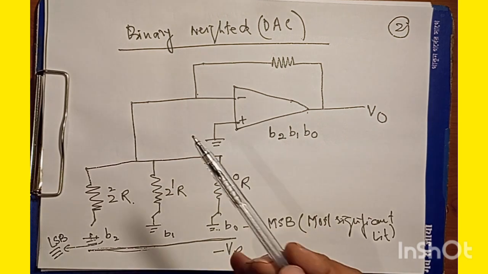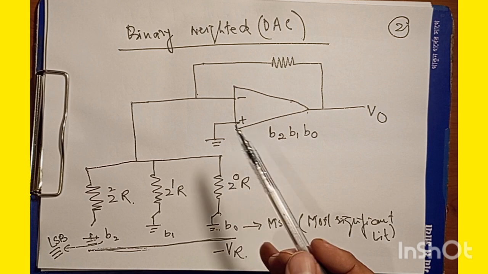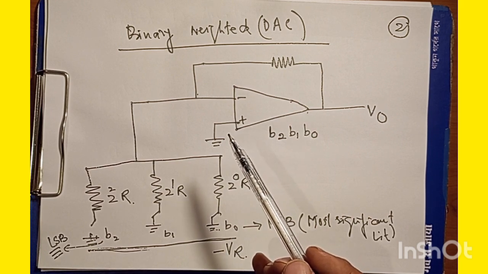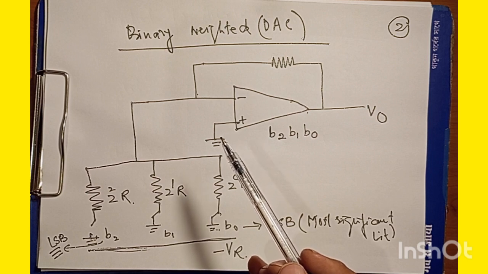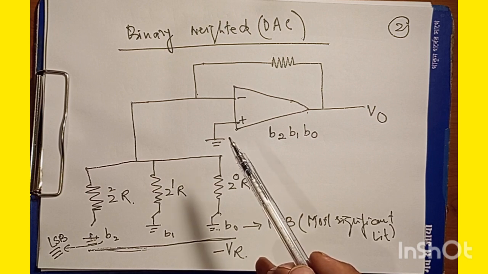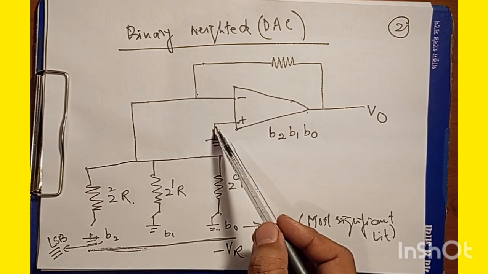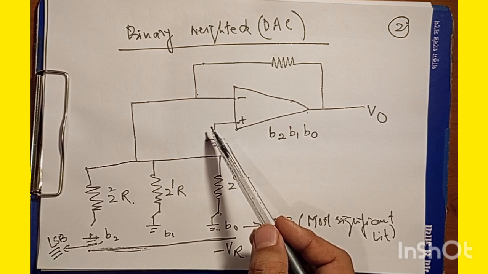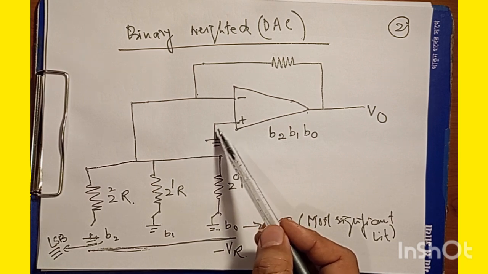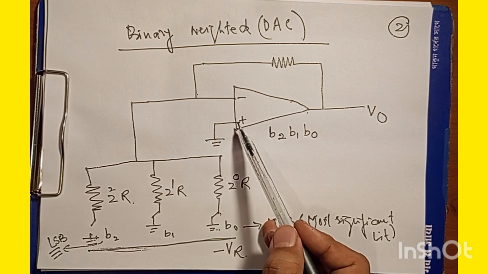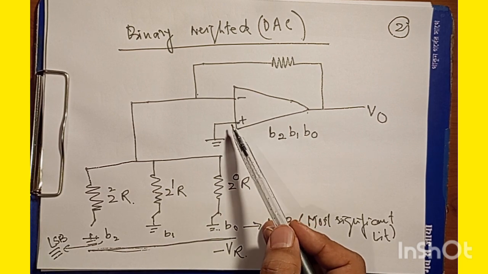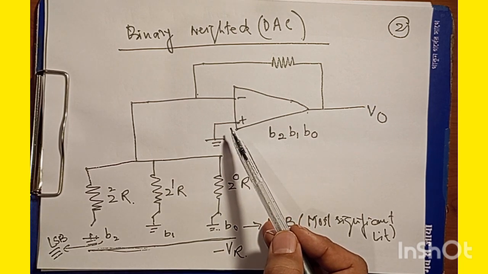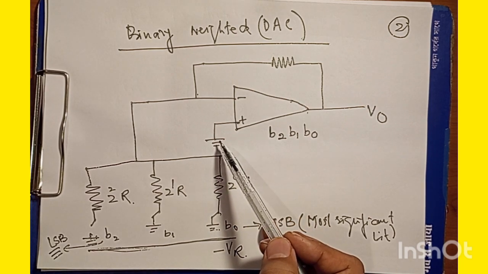Now, according to the virtual short concept, which we have already discussed, if we have potential equal to 0 at this terminal, see, this non-inverting terminal is grounded, so we will have 0 voltage here.